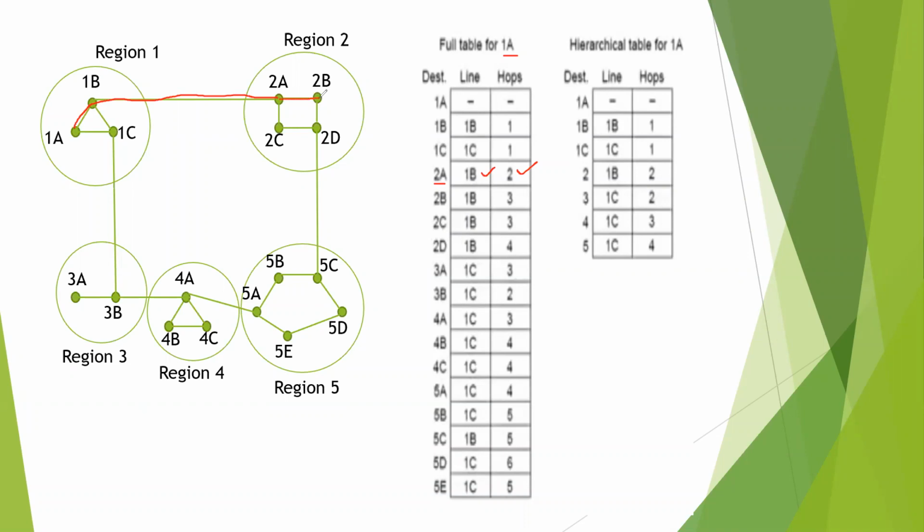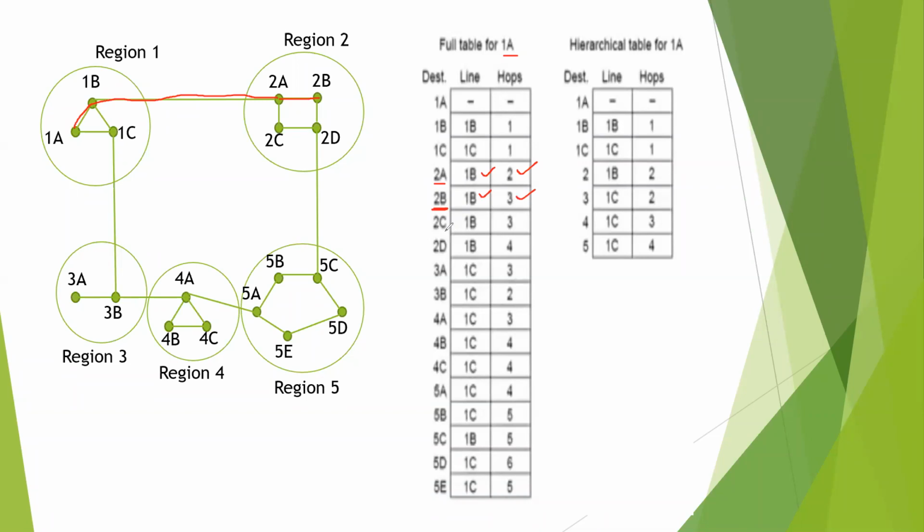Means the line chosen is 1B only. 1A to 2B, I want to reach. So the line chosen is 1B itself, because that is the only direct connectivity to reach 2B. It has taken 3 hops.